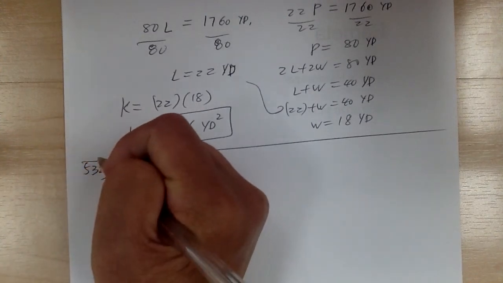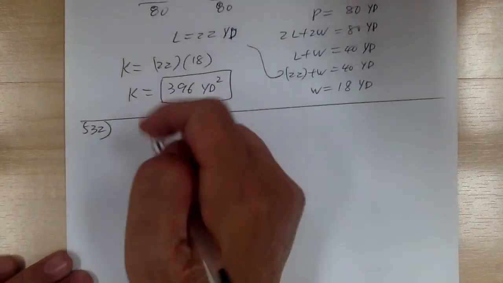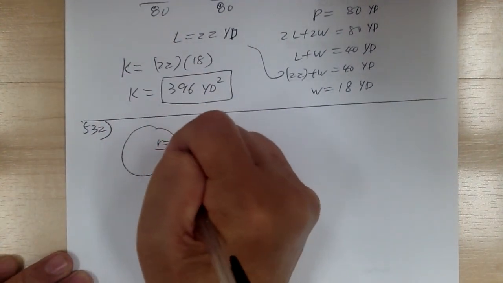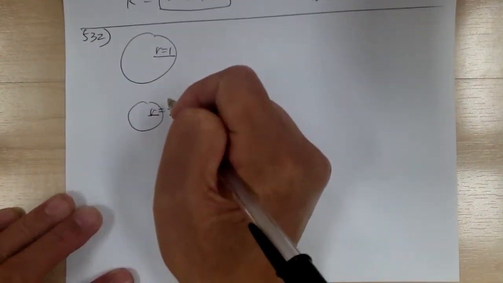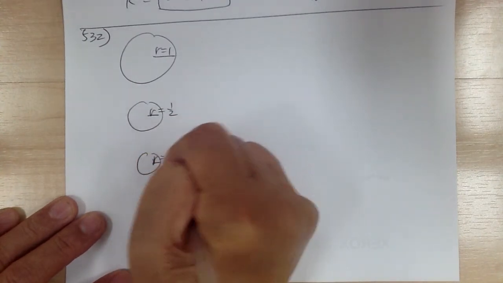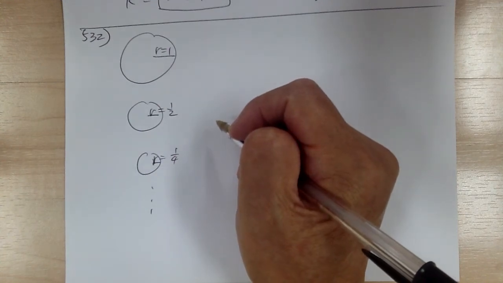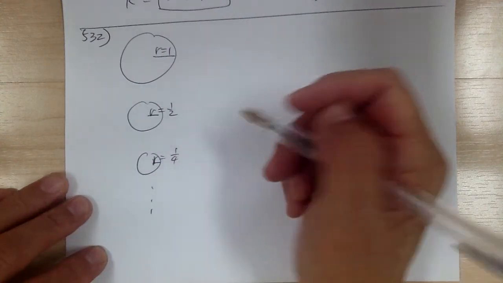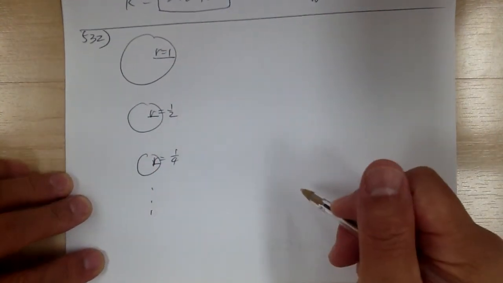Okay, number 532. It says the radius of the given circle is 1 inch, and the second is 1/2 inch, and the third one is 1/4 inch, and so forth and so forth. So what is the sum of the areas of the circles? When it goes on forever, that's an infinite series.